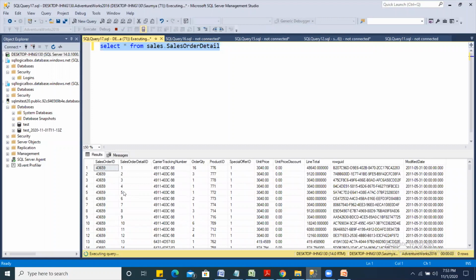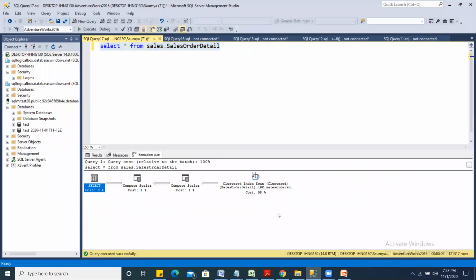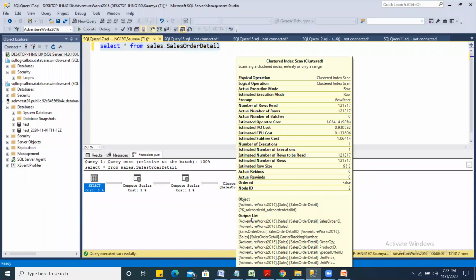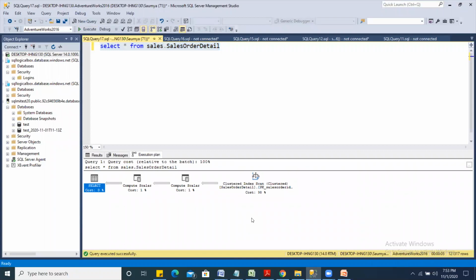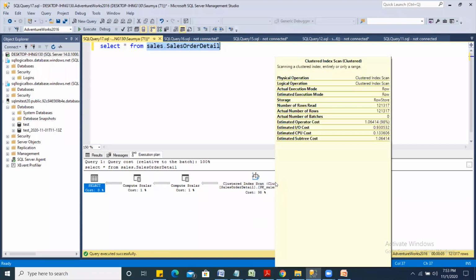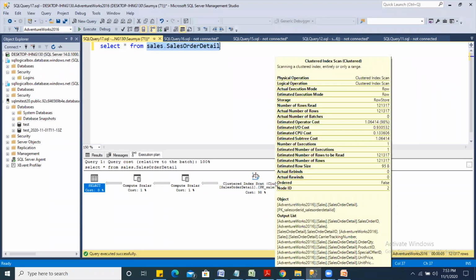Now come to the execution plan. You see what physical operator is being used in order to access data from the sales order detail table. We have written sales order detail here, but rather than getting data from the table, it's getting data from its clustered index, right? The clustered index can be seen under the object section here.